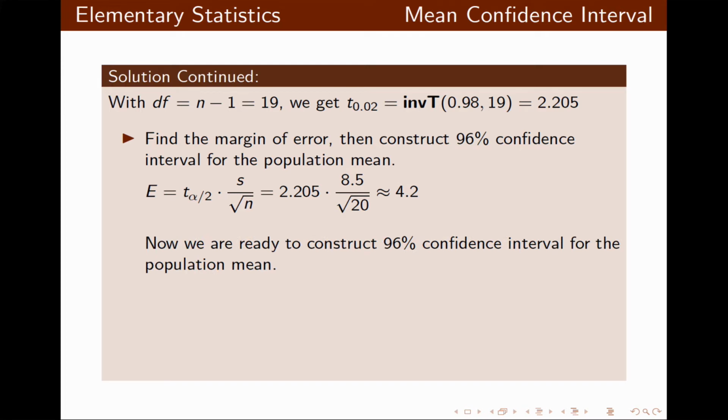Now for the actual 96% confidence interval, we go x bar minus the margin of error and x bar plus the margin of error. We simplify that, and our confidence interval is 77.8 to 86.2.